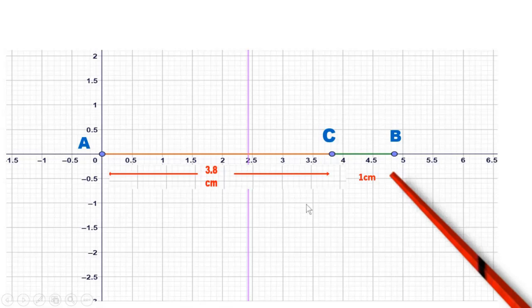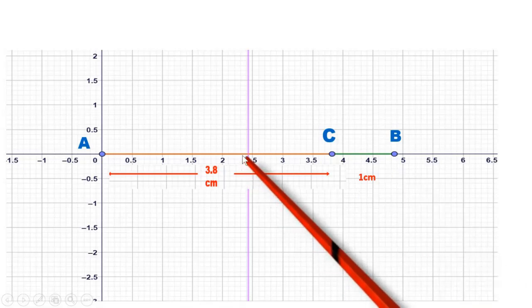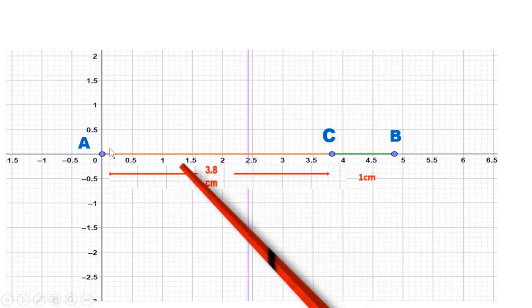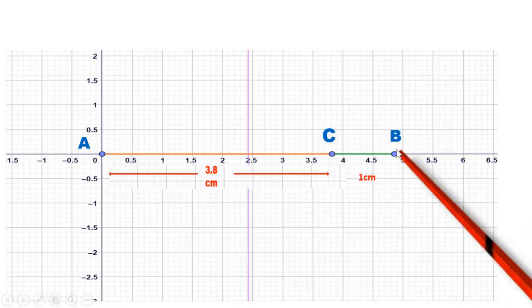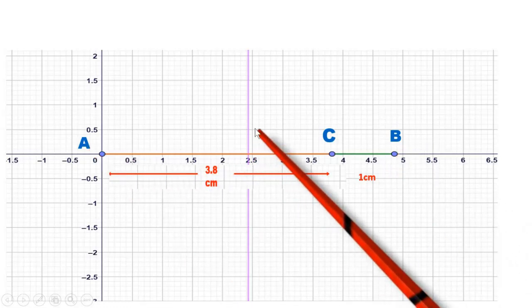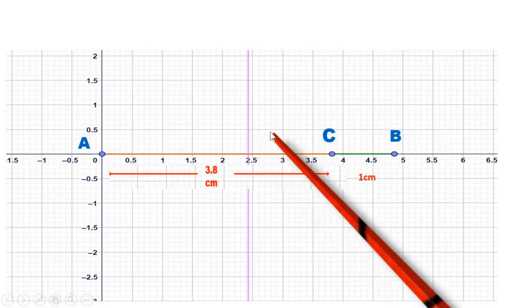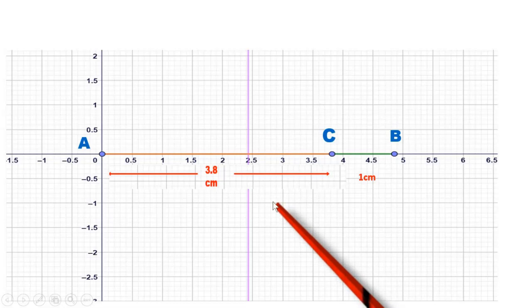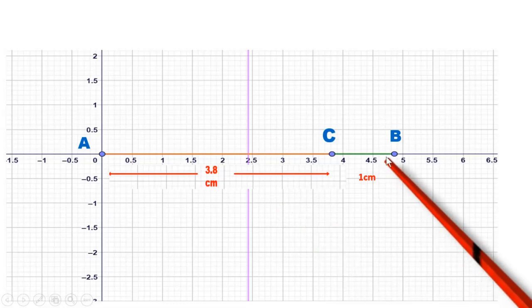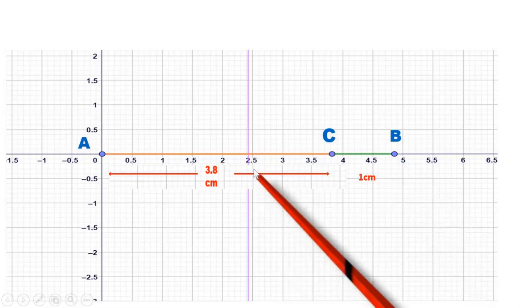So, for that, we will draw a perpendicular to line AB. Here you can see the perpendicular in purple, which is almost at 2.4. What is the half of 4.8? 2.4. So you are seeing the perpendicular at 2.4.